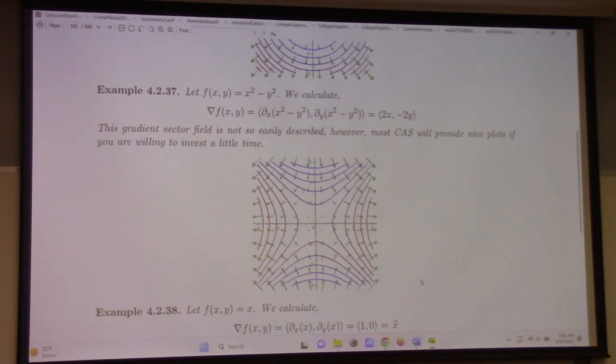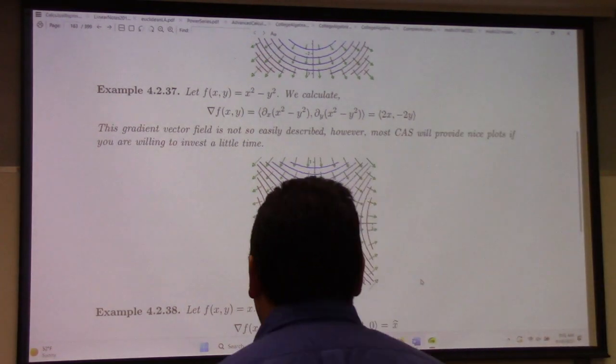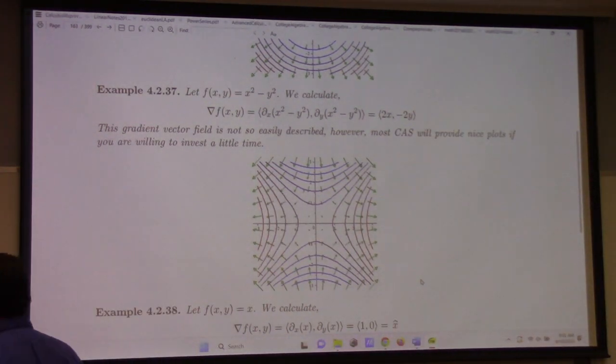My question to you is, as you look at the hyperbolas there, in which direction are you going to higher level curves? Well, that kind of depends on where you are, right?